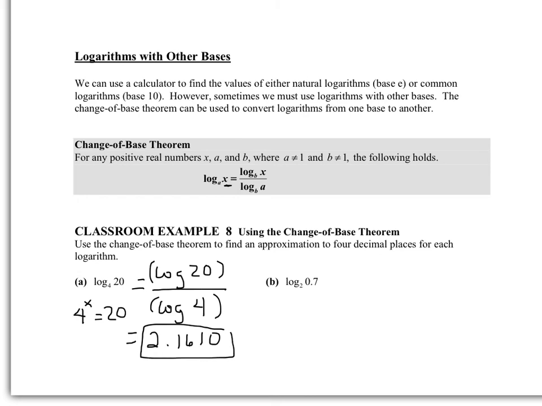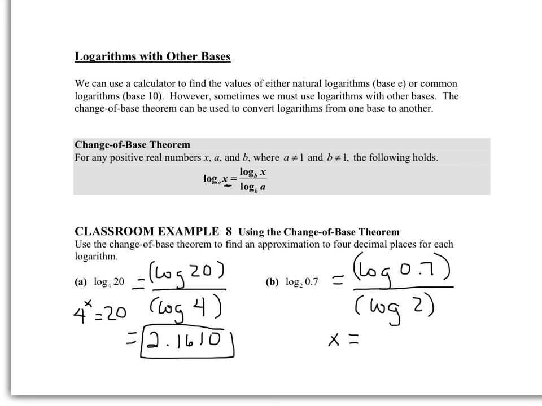It gives us the ability to put it into a base that our calculator understands. So if you look at the second example, all you would have to put into your calculator would be the log of 0.7, put those in parentheses, divided by, my denominator would be the log of 2. And if I were to do that, I will end up with a negative value, and I know that because that log of 0.7 has to be a negative number.